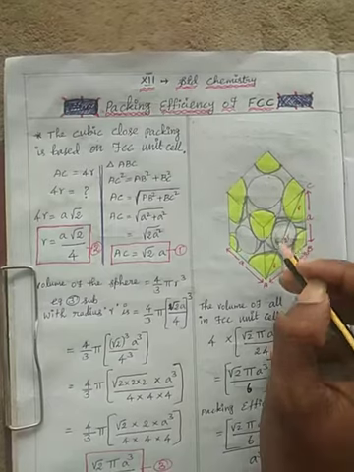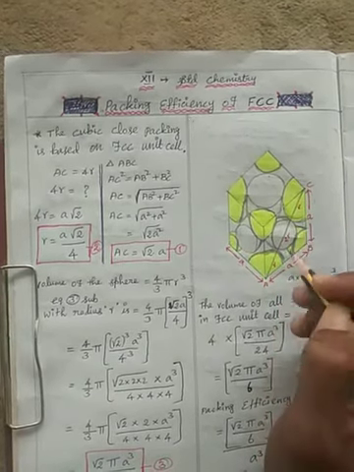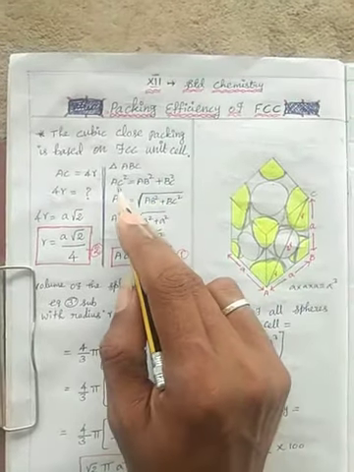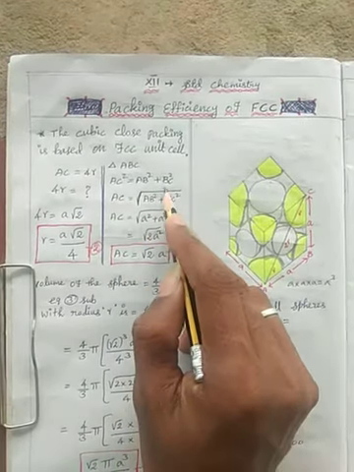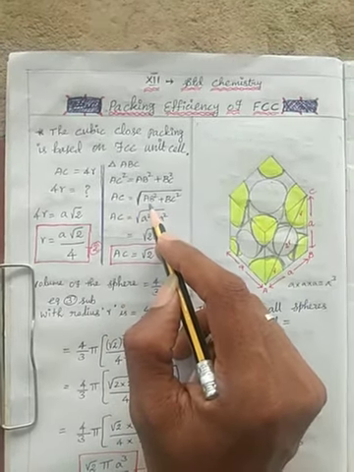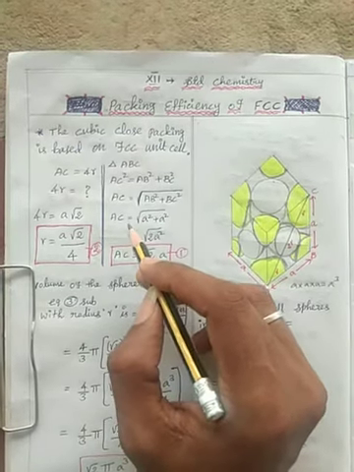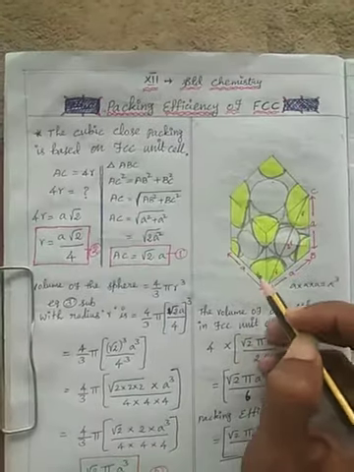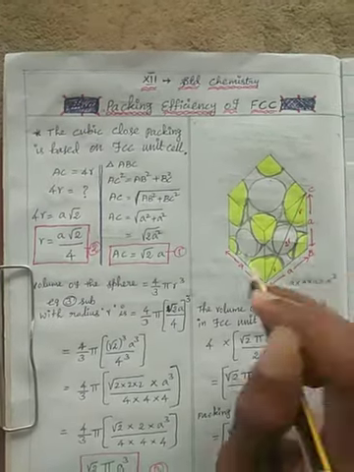AC equals 4R. In triangle ABC, by the Pythagoras theorem, AC squared equals AB squared plus BC squared, so AC equals the square root of AB squared plus BC squared. Here AB equals a and BC equals a.